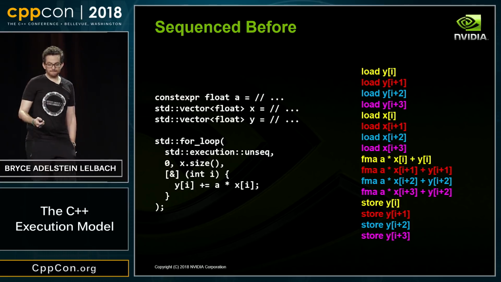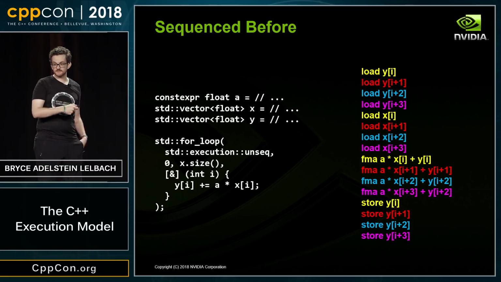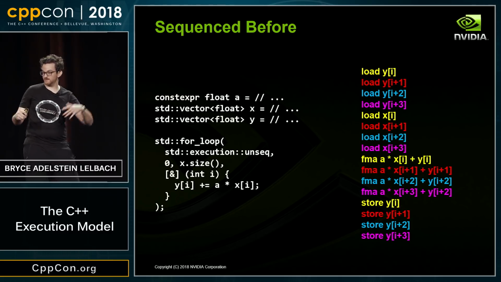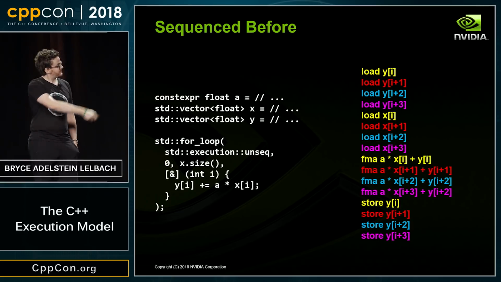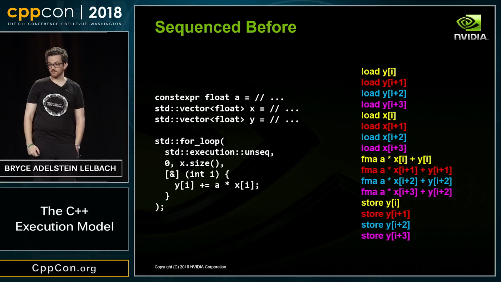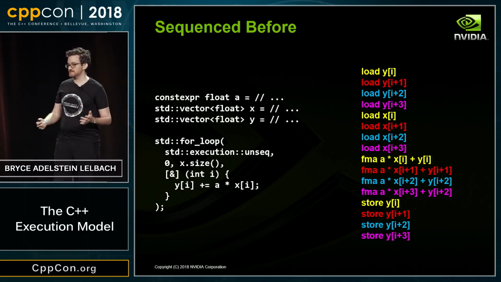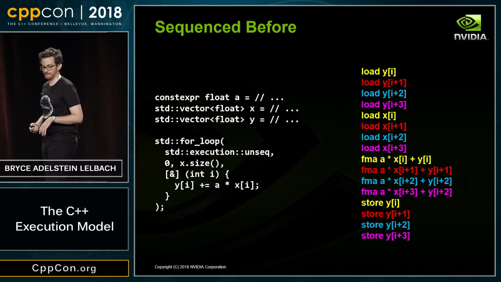Now normally, you wouldn't be able to do this because C++ says, and we'll talk about it a little bit later, you can't interleave people's functions without special permission. But this execution policy gives that special permission. And also anything in C++ that is specified as being unsequenced could potentially be interleaved.